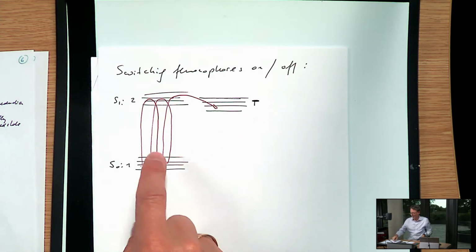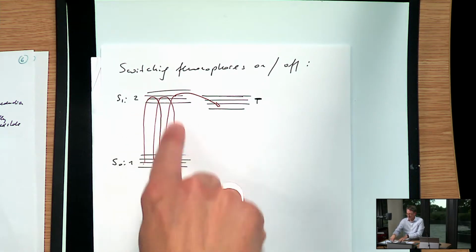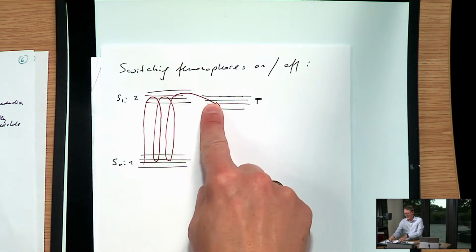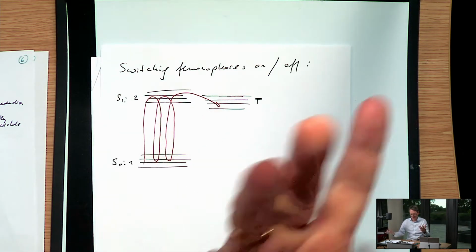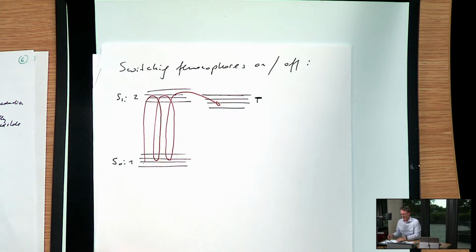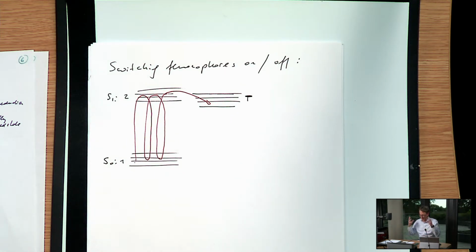And so there is a certain probability that after a few cycles the system just will flip. This can be assisted by collisions or by the presence of paramagnetic species. The details are not important in the solution.